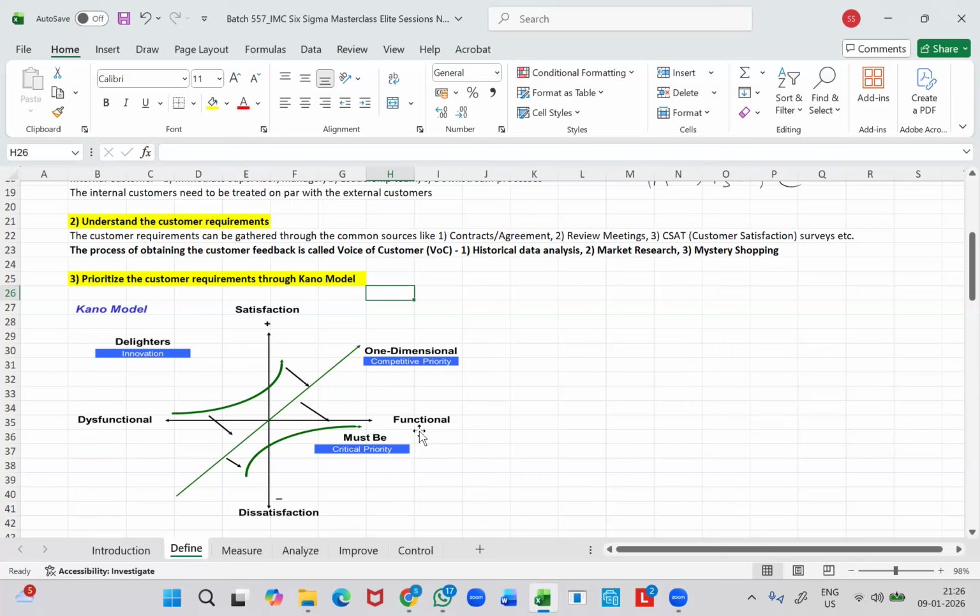So we cannot consistently delight the customers. If you happen to do so, then we need to continue with that delighter, because over a period of time it would have become must-be in the minds of the customer, right? So Amazon gives this offer during a certain period of a year.